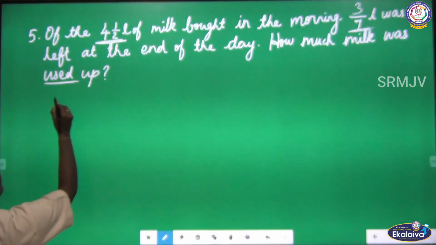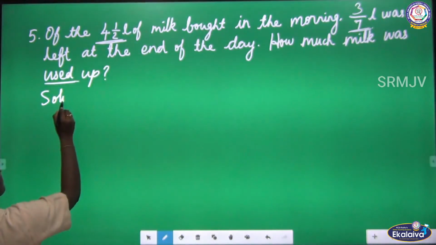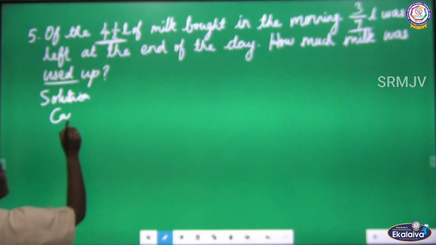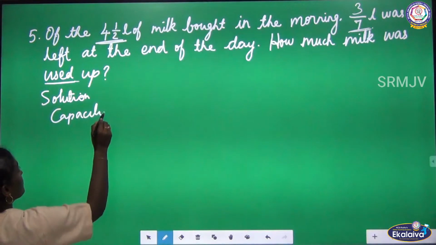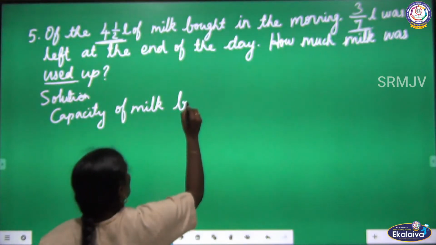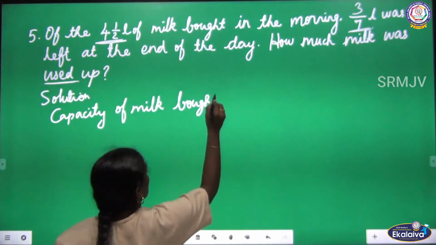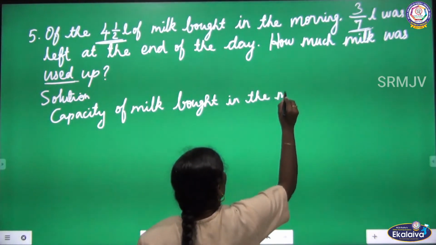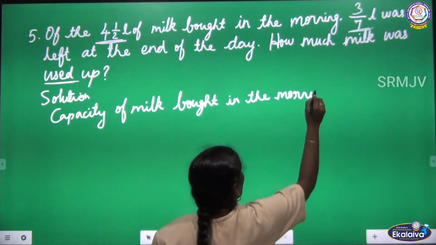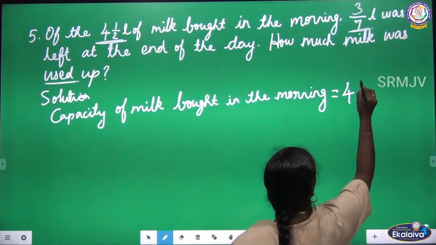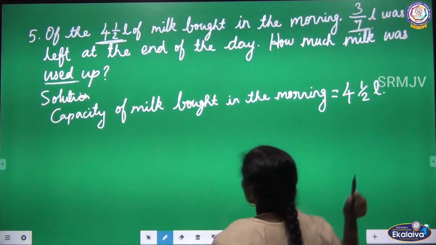the capacity of milk left at the end of the day. Okay. So let us start the solution. Capacity of milk bought in the morning. How much? That is 4 1/2 liter. Okay.